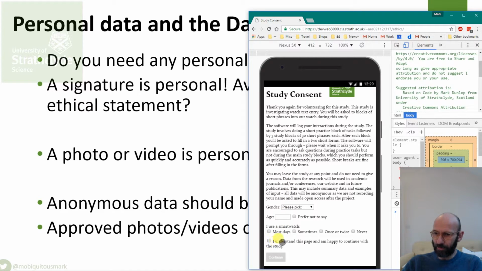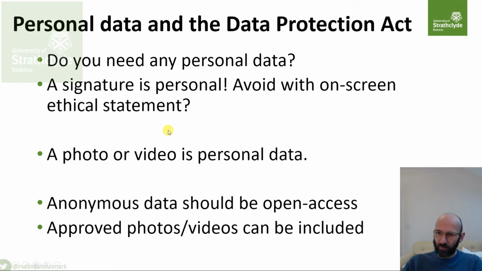And then at the bottom I have an I understand this page and I'm happy to continue with the study. The user ticks that explicitly, and then and only then they get the continue button. Okay, that's quite a useful way of being able to say that you did have informed consent from everybody, but avoid having to keep a signature and keeping that secure and shredding it at the end of the year.